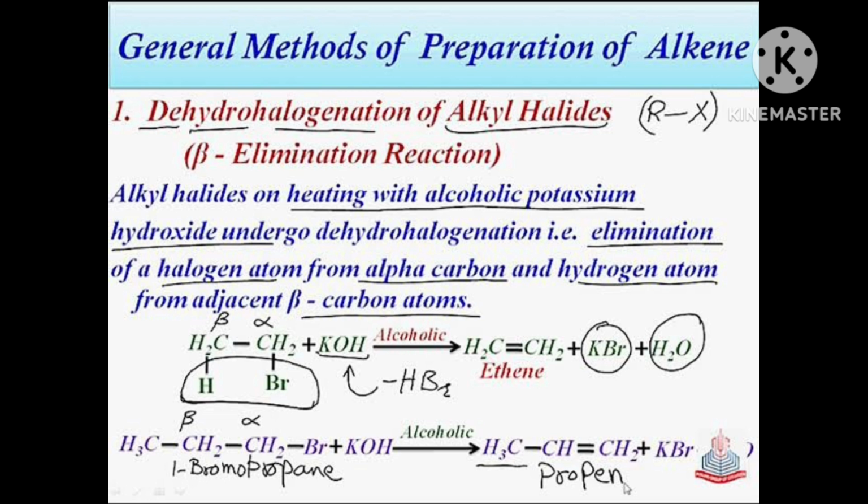Both H will be in adjacent positions. That's why it is cis. Hence you got a cis alkene.